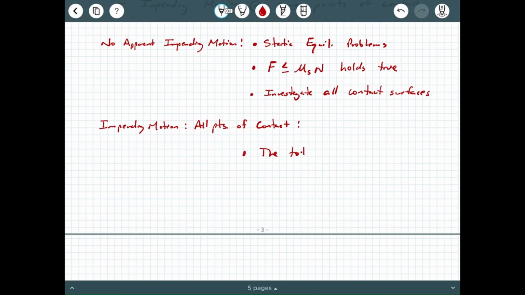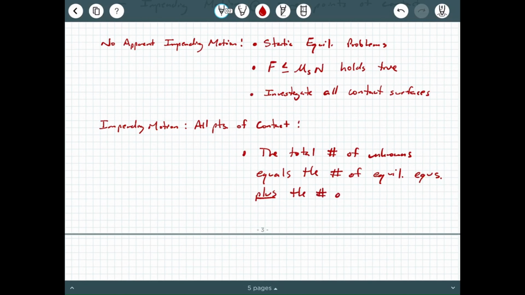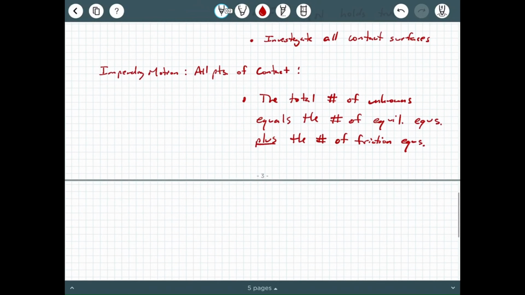Well, in this case, we're going to say the total number of unknowns equals the number of equilibrium equations plus the number of friction equations.